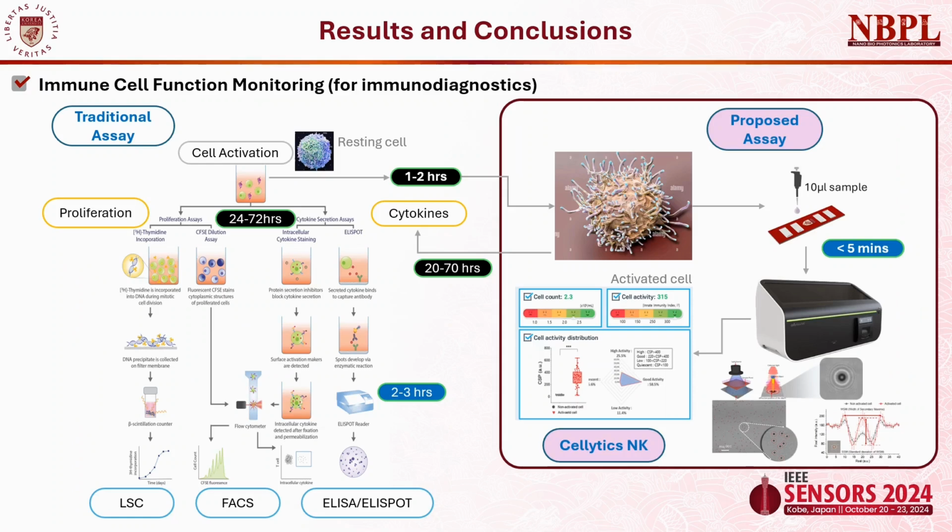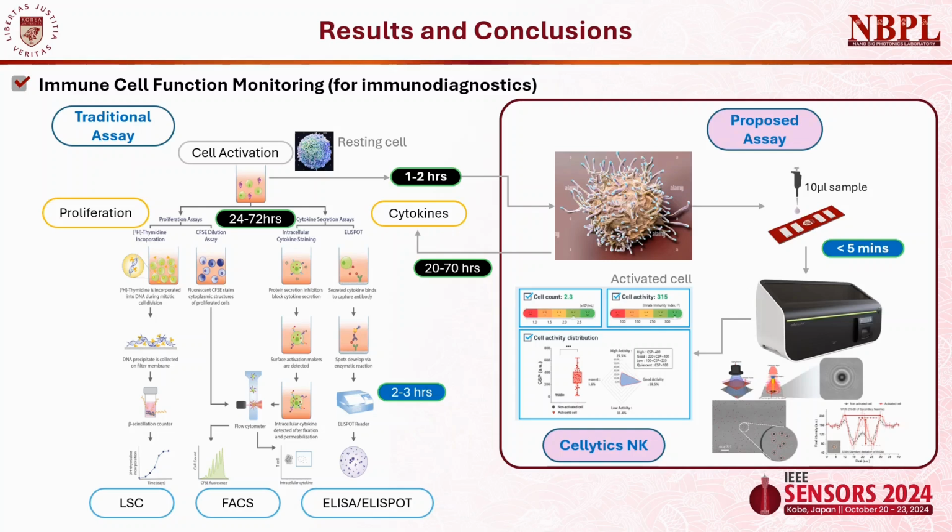And this slide compares the traditional immune cell activation assays with the Cellytics platform. In the traditional method, it takes 24 to 72 hours to analyze cell proliferation or cytokine secretion, and the process is quite complex.